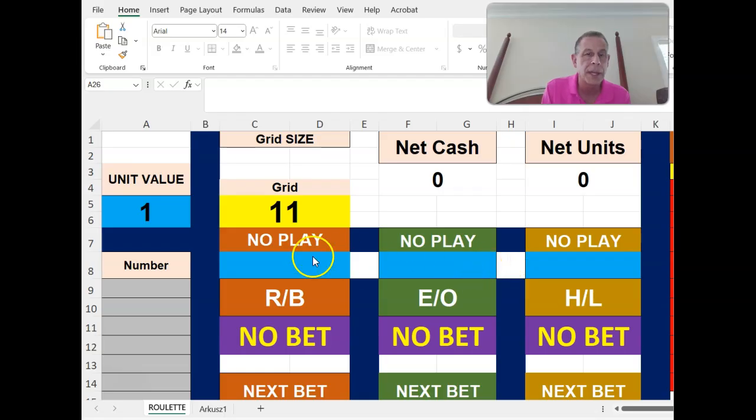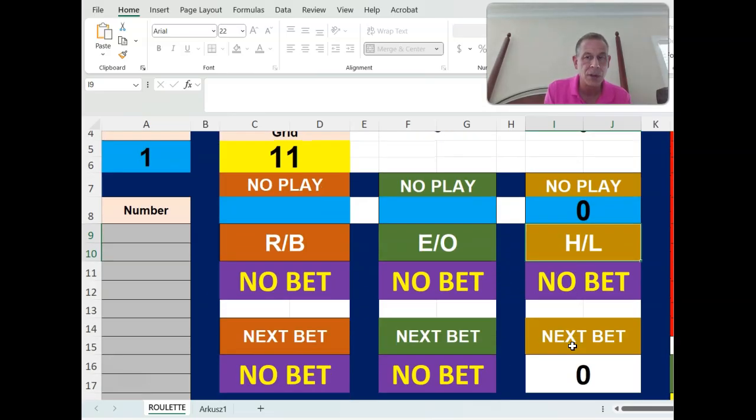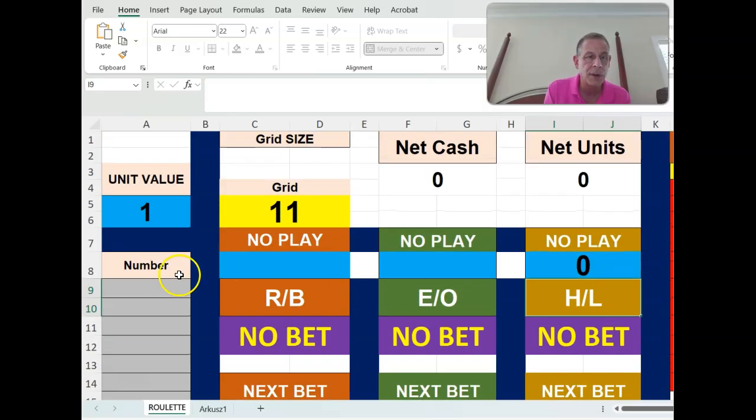So we're just going to play the first two, red/black and even/odd, and we're not going to play the high/low. The way it works is we just put a 0 in there, and now it's not going to trigger us into the high/low bets. We have no bets right now, because the first thing we have to do is put in whatever number came up.